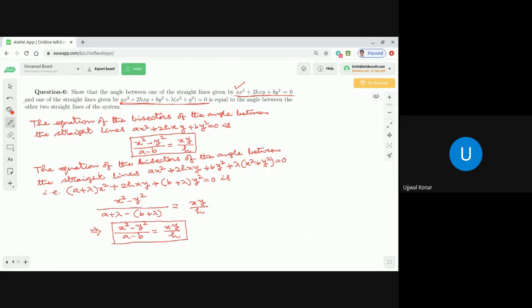So we are able to prove that the angle between one of the straight lines given by ax square plus 2hxy plus by square equal to 0, and one of the straight lines given by ax square plus 2hxy plus by square plus lambda into x square plus y square equal to 0 is equal to the angle between the other two straight lines of the system, and that is only possible if their bisector equations are same. Correct, no, dear students? And this is the way we are able to prove it.